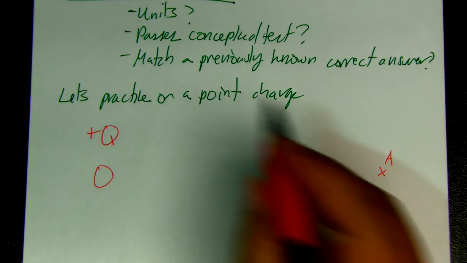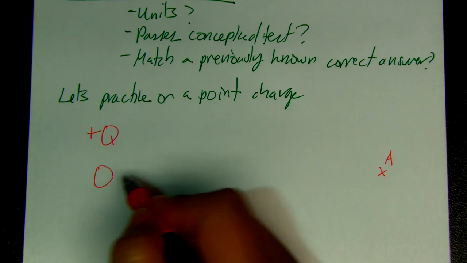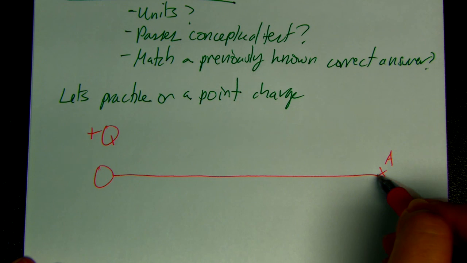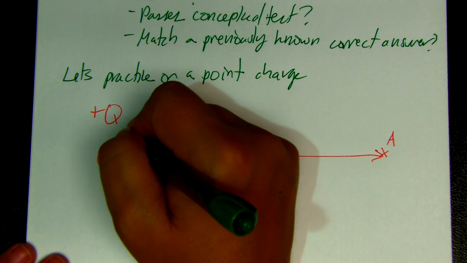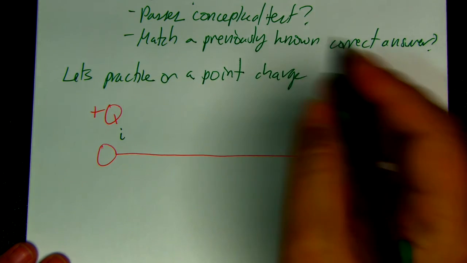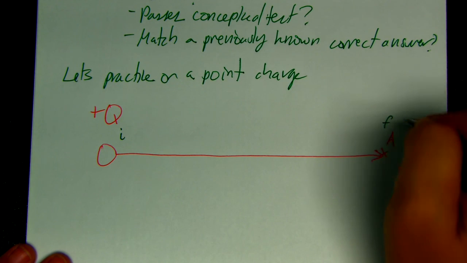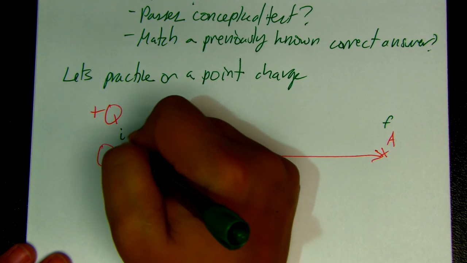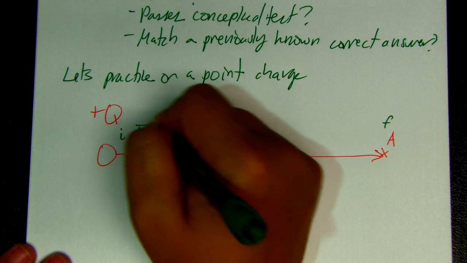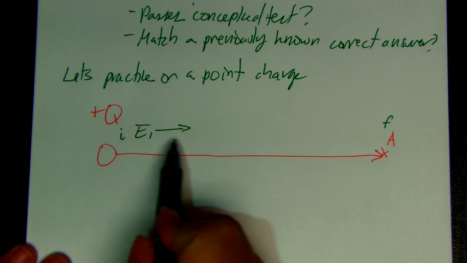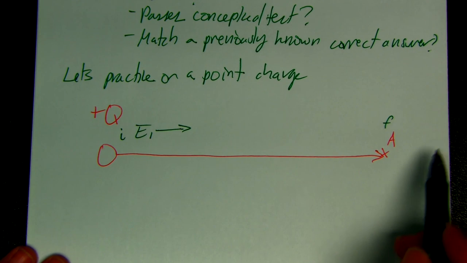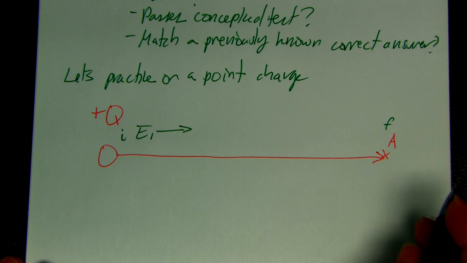If we're going to do this, the first thing we want to do is break this into manageable little chunks. Here's our initial, here is our final. E1 is going in that direction, and we know that E is going to get smaller and smaller the further away we get from this point charge.